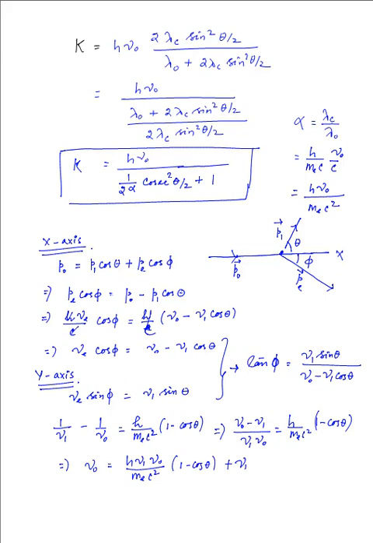Now if we consider this expression over here, you notice down in the denominator we have nu naught minus nu 1 cosine theta. So we take nu naught minus nu 1 cosine theta over here, and we do the same thing over here. We introduce a nu 1 cosine theta term over to the right hand side as well.